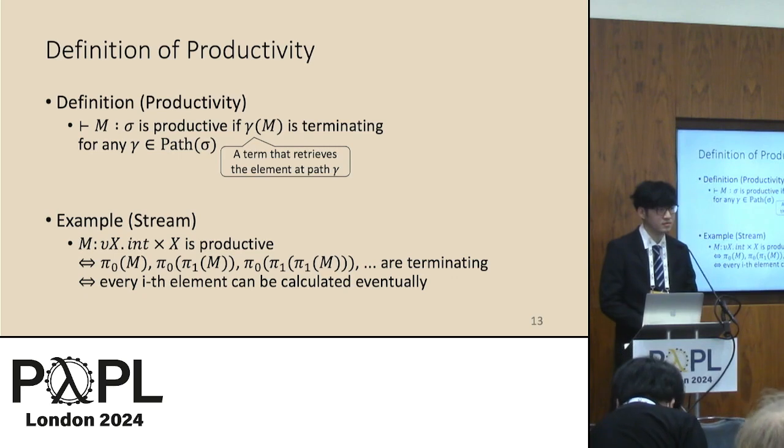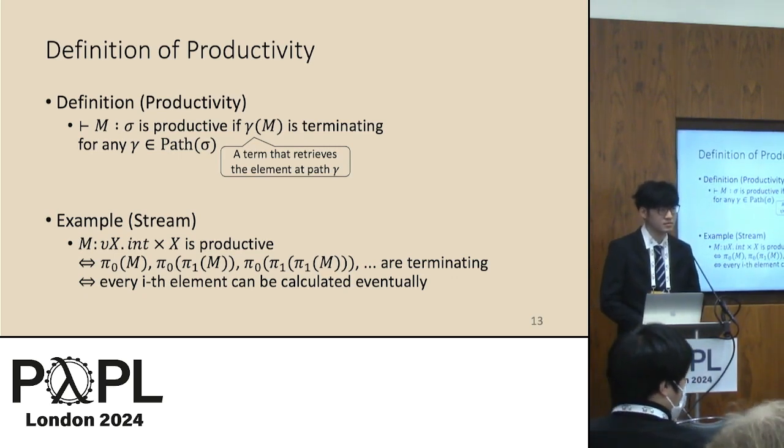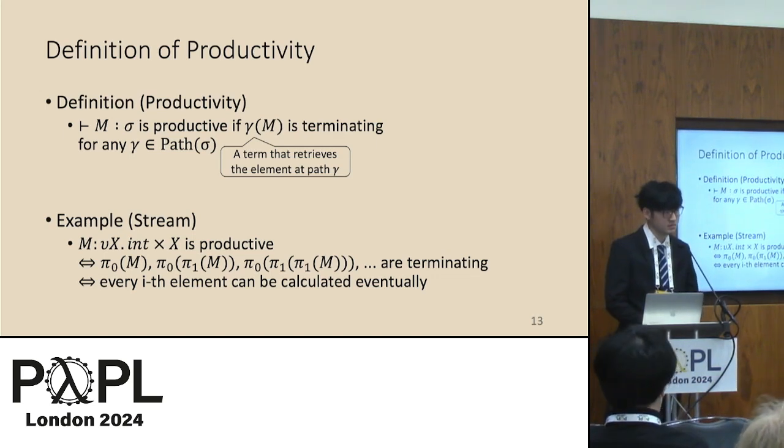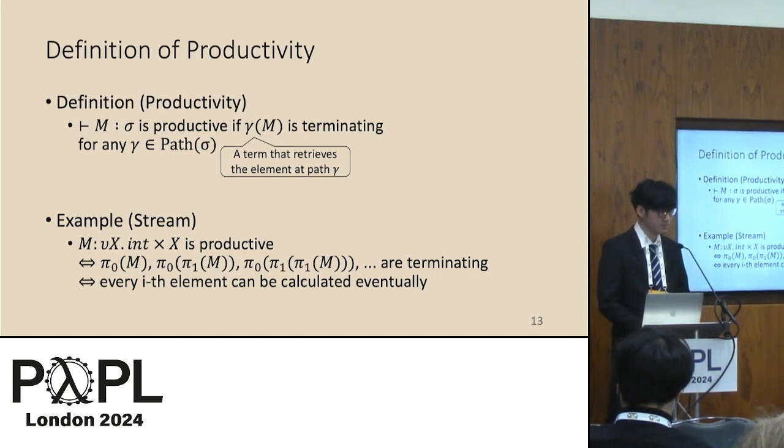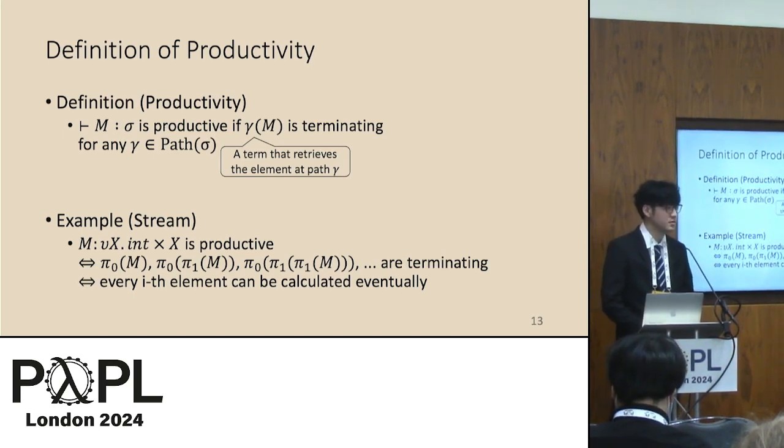I can actually answer because I've worked on similar problems in the past, and usually what we did is we define productivity semantically, because it's a co-inductive definition, as the final coalgebra of some functor, and then we look at the objects in this final coalgebra. And if these objects are finite or infinite trees, then your term is productive.